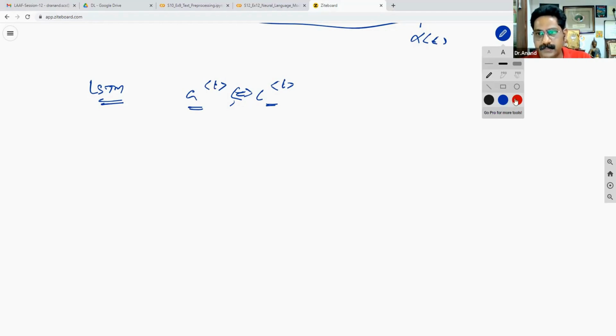As usual, like your GRU, let us write the first equation, the CT equation.